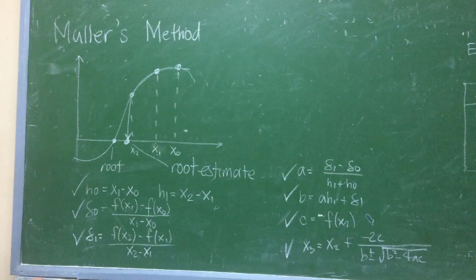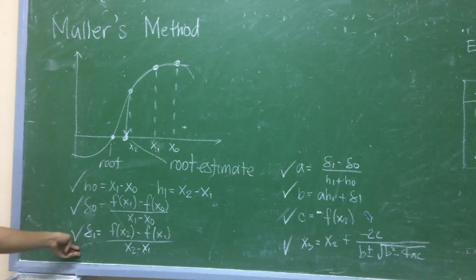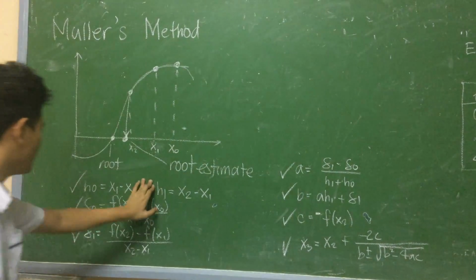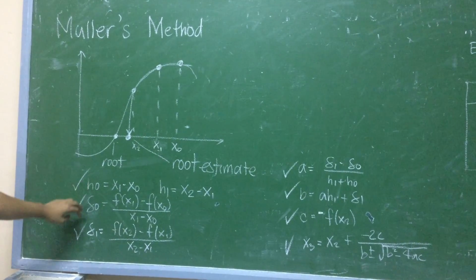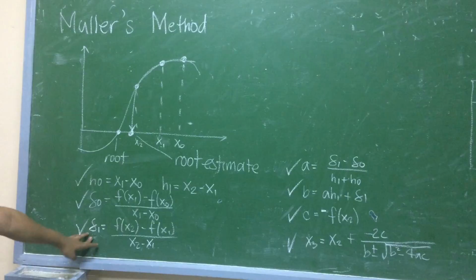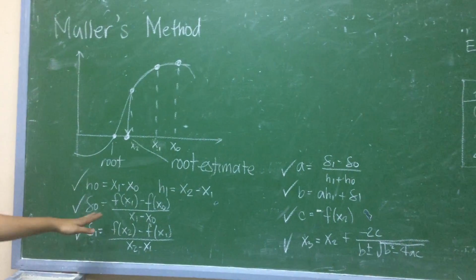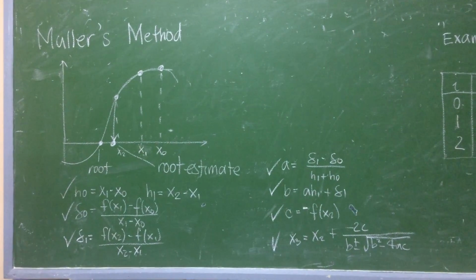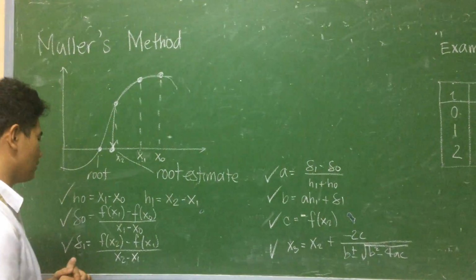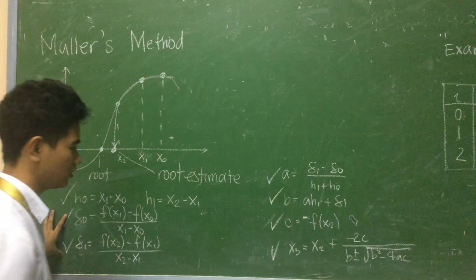So the coefficients are h0, delta 0, delta 1, h1. First we are going to find h0 to be able to find delta 0 and delta 1. So the values of our quadratic equation a, b, c can be found by deriving the values of a, b, c from these equations.